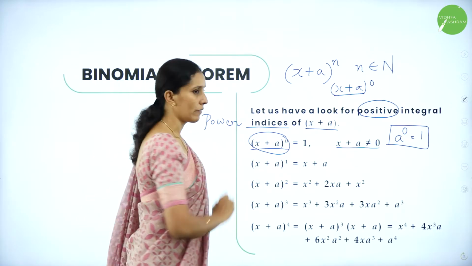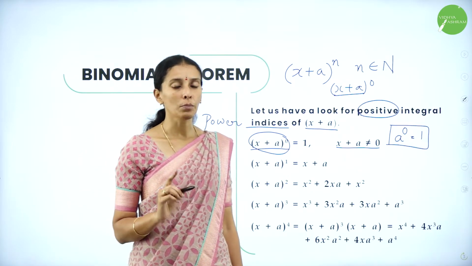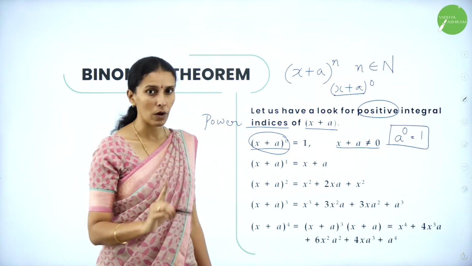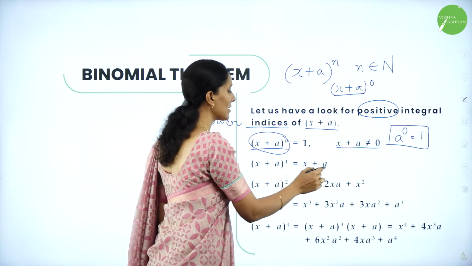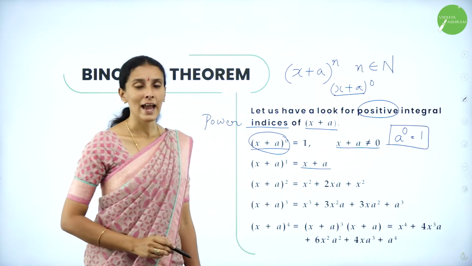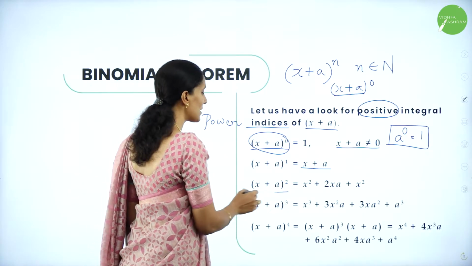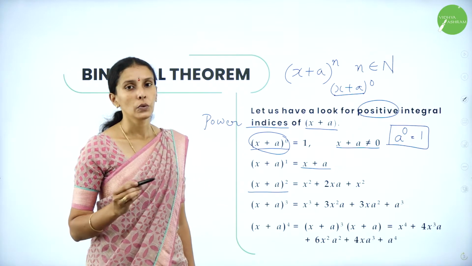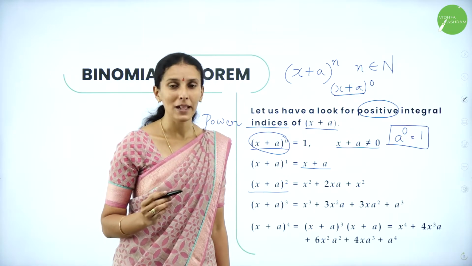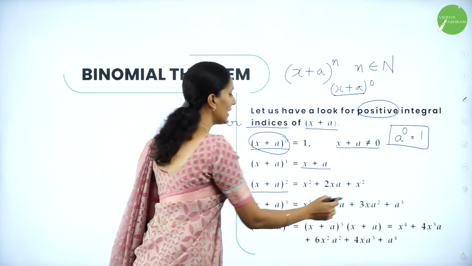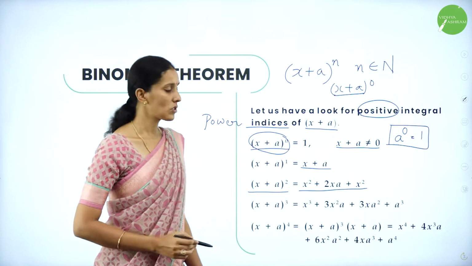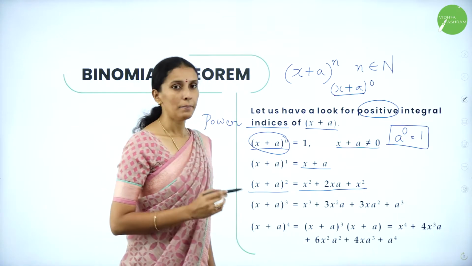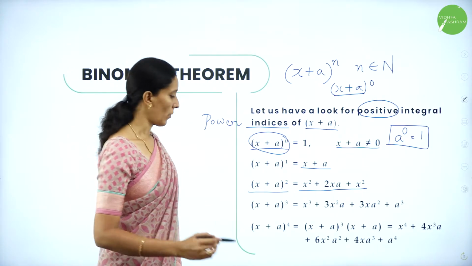Suppose you have power 1. What does it mean? You have to multiply the given term one time. Therefore, x plus a whole power 1 is x plus a. Now x plus a whole square you have. You can use the formula of a plus b whole square, so it gives x square plus 2xa plus a square.